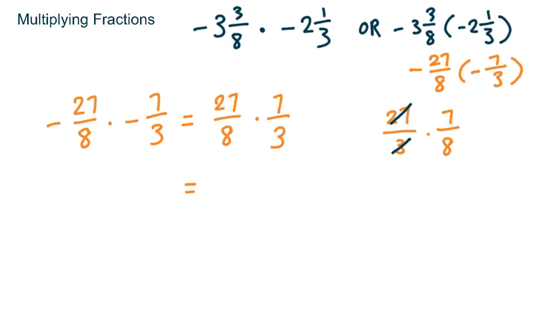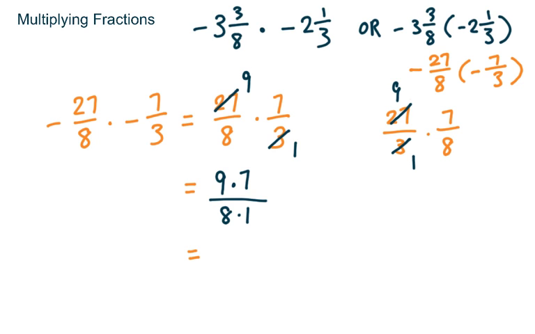So 27 divided by 3 is 9. 3 divided by 3 is 1. So I'm going to do it here. So divide by 3, 9. Divided by 3, 1. Now I can multiply the numerators, which is 9 and 7. So I multiply them. And for the denominator, I have 8 times 1.